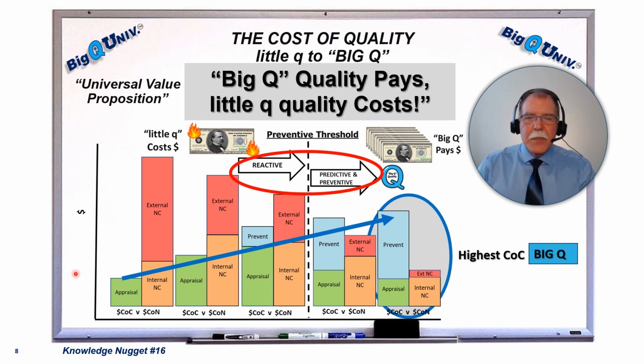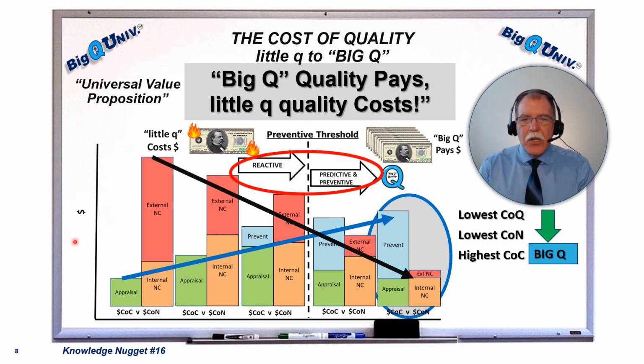We're going to do this by increasing big Q preventive activities, which will increase the cost of conformance in an organization. But that will result in a drastic decrease in the cost of nonconformances in an organization that will more than offset the increases in the cost of conformity in the organization.